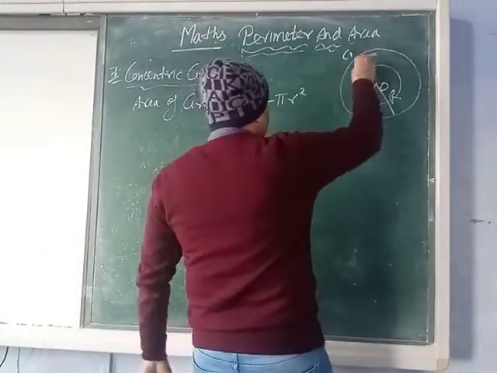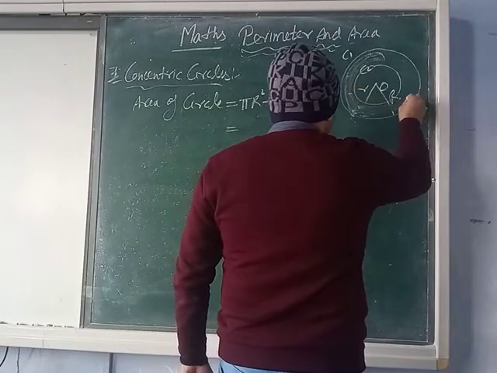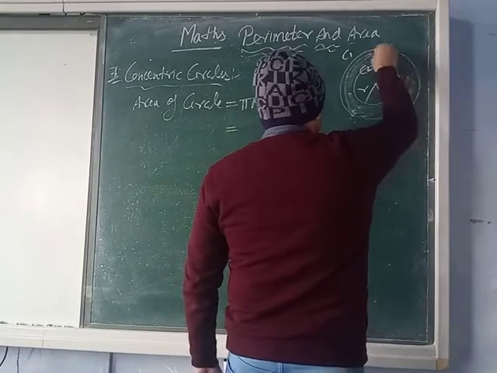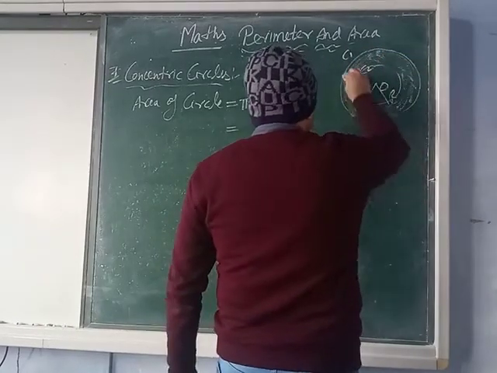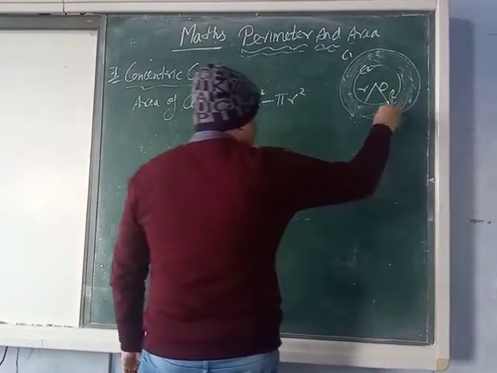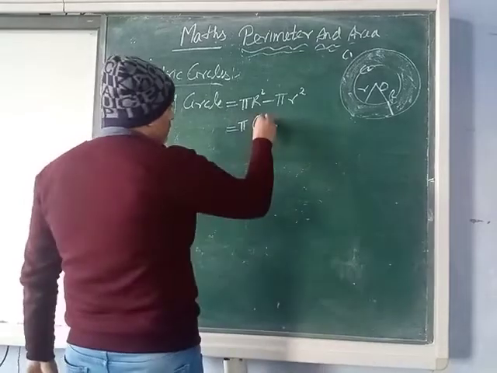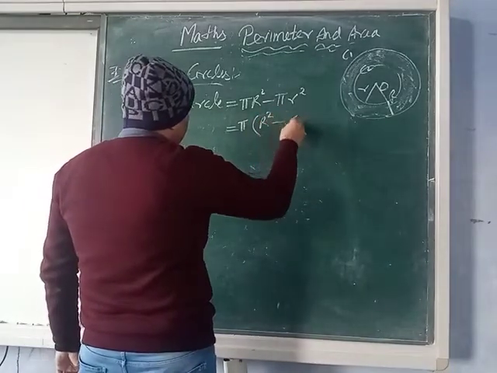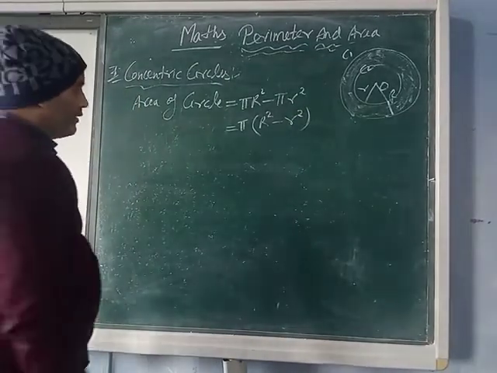When you find the area of this portion, take pi as common: pi times R square minus small r square.